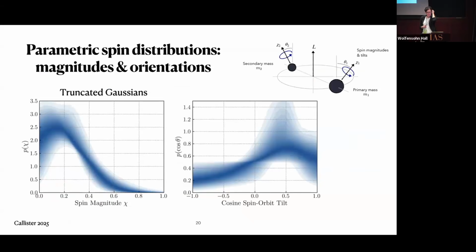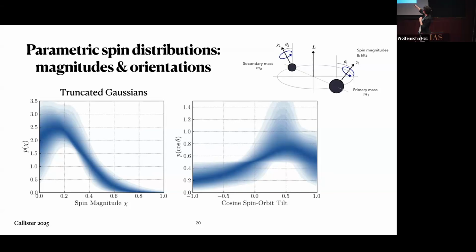Okay, so that was about masses. Now looking at spins, you can fit the spin magnitudes and the spin tilt, or the cosine of the spin tilt. Just to remind you of the notation, we label spins the same as we label masses, meaning the primary spin corresponds to the primary mass, and the secondary spin corresponds to the secondary mass.